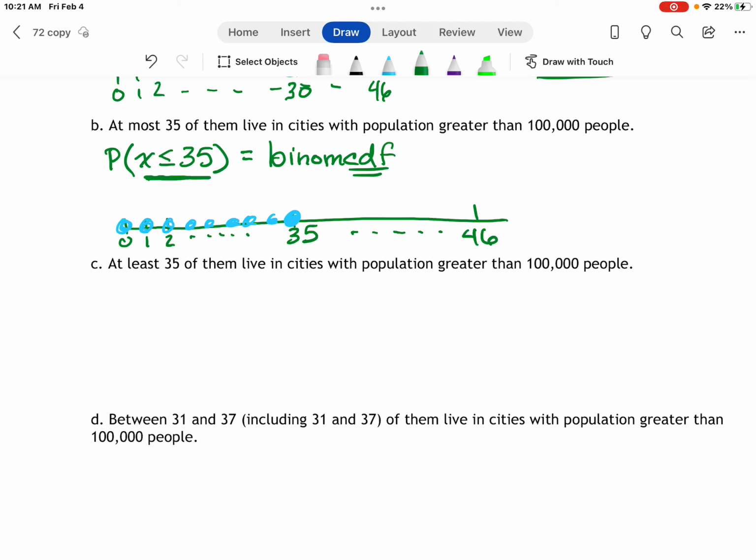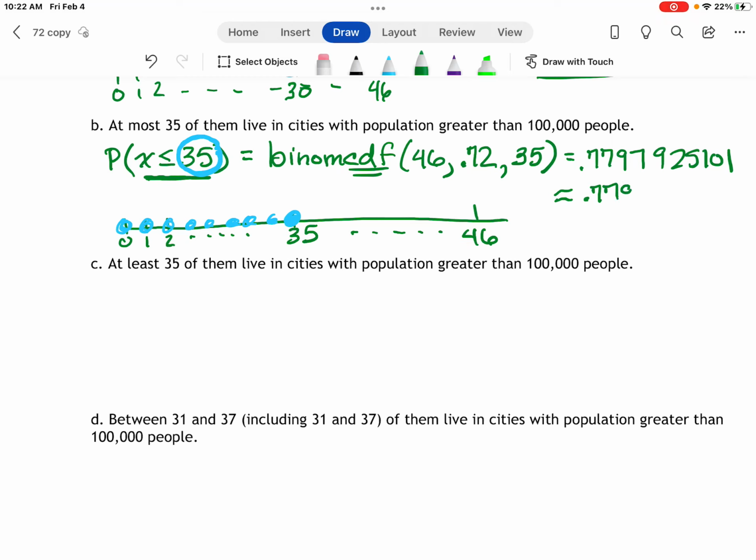Make sure you're using the CDF function because we're doing more than one value of X. I'm going to put in the number of trials, my value of P, and then the at most value, which is 35. When I hit enter, it's going to give me 0.779792501. If we round it to 4 places, that's going to be 0.7798.